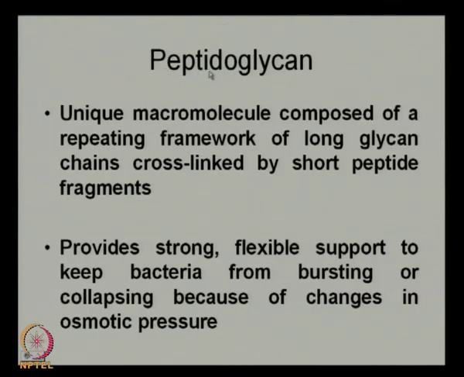If we see the structure of peptidoglycan, it is a unique macromolecule composed of a repeating fragment of long glycan chains cross-linked by short peptide fragments. As I have told, it provides strong flexible support to keep bacteria from bursting or collapsing because of the change of osmotic pressure.